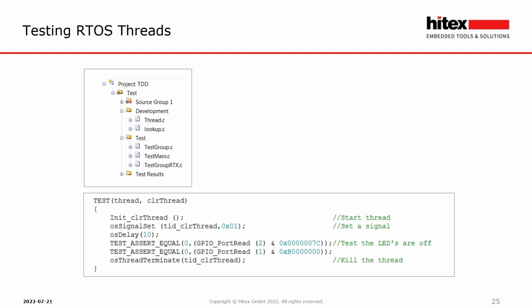We can set an RTOS signal, for example, have a small delay so that the code gets to run, and then we can check the port patterns or whatever we need to validate within the RTOS thread. Once we've finished the test case, we can simply then kill the operating system thread. So this gives us quite a nice way of building up and controlling operating system threads and checking that they're running correctly.